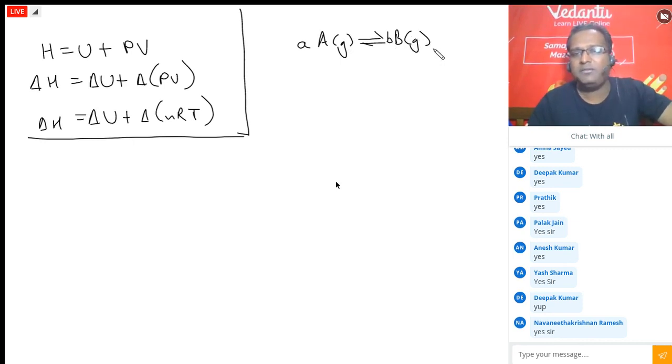In general, whenever we perform a reaction in a calorimeter, that means we keep the temperature constant. A calorimeter is a device which helps you keep the temperature of the reaction mixture constant.